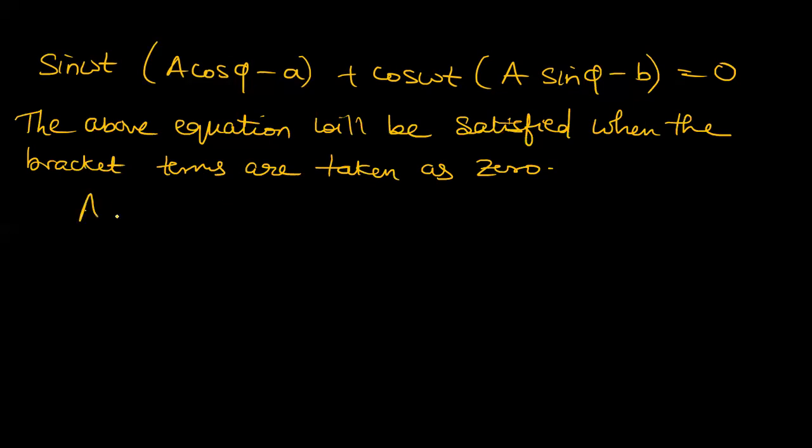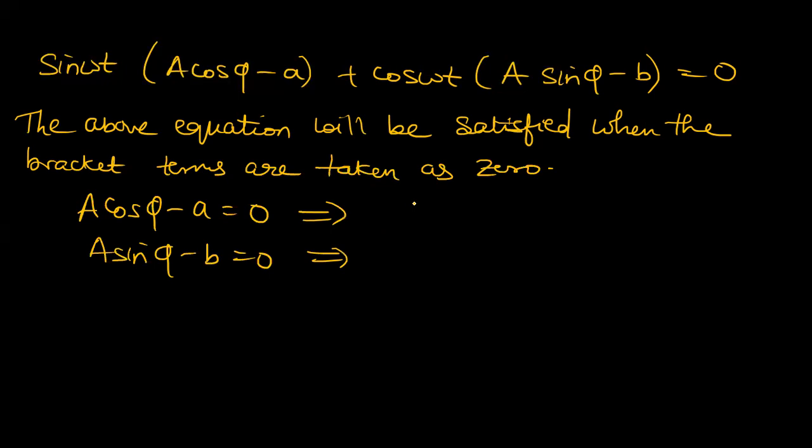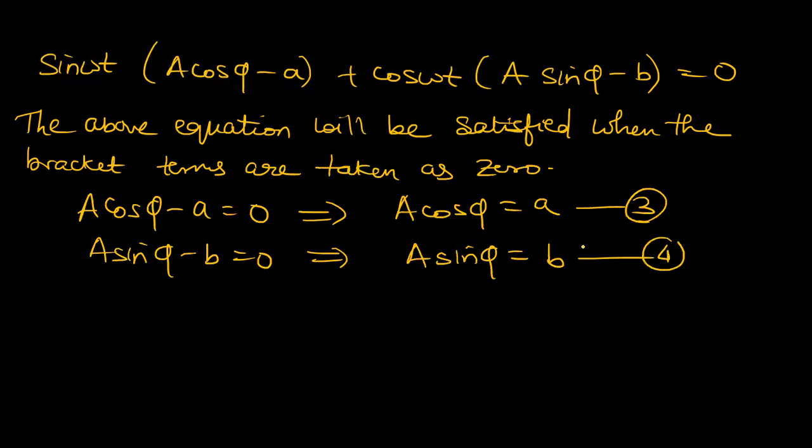So I can write A cos phi minus a equal to 0 and A sin phi minus b equal to 0. Take minus a and minus b to the other side. You get A cos phi equal to a and A sin phi equal to b. Give these as equation 3 and 4.